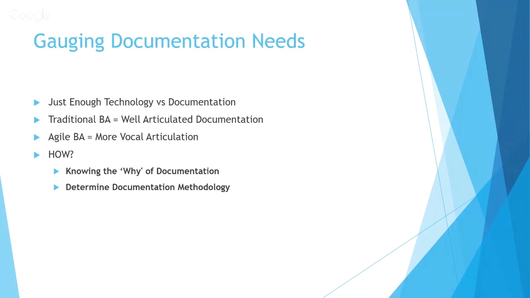With just enough technology, we need just enough more articulated documentation. Yeah. I don't think it can be all vocal. That doesn't work. No, it doesn't. Because people understand things differently in their walk away. You have 5 people walking away with a slightly different understanding.